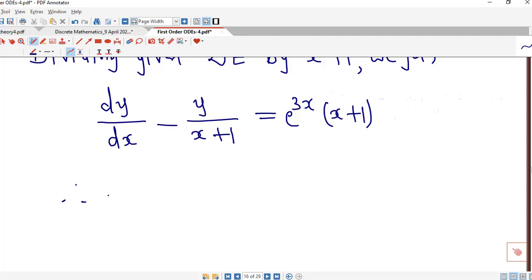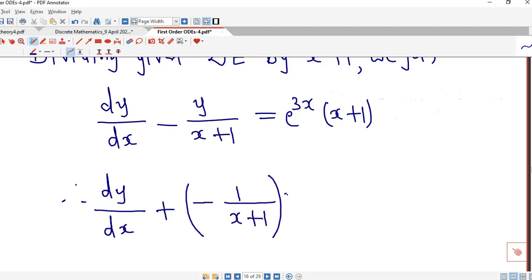So therefore dy by dx plus, this we can rewrite as minus 1 over x plus 1 times y equal to e raised to 3x times (x plus 1).